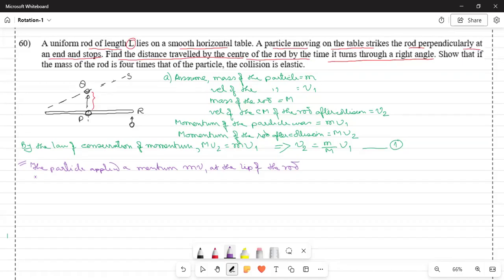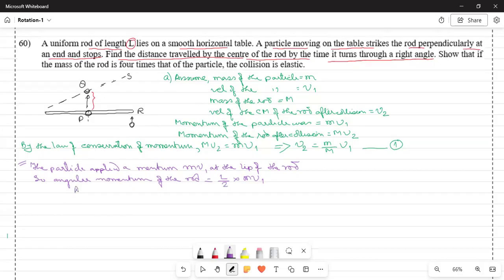So the angular momentum of the rod is nothing but the distance L by 2 multiplied by m v1. This angular momentum is also equal to I omega.